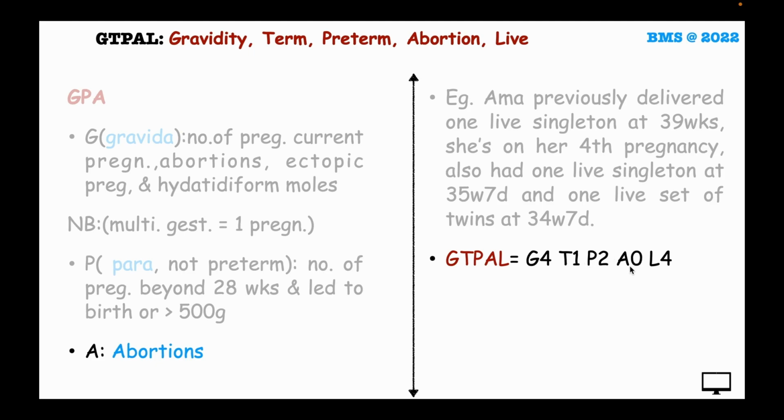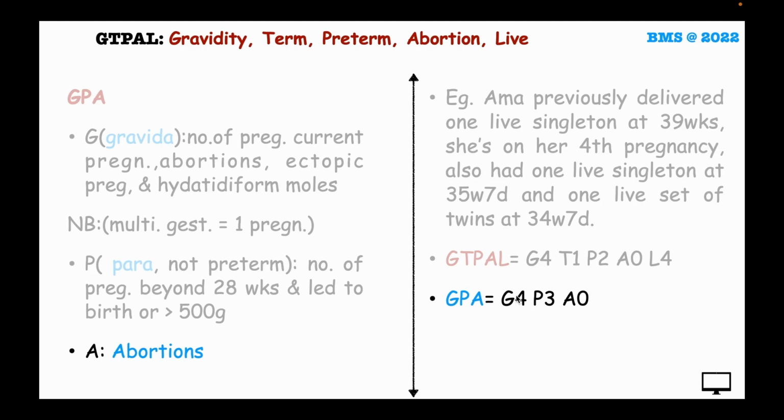She's never had any abortions, and the number of babies who were born live will be 4 because she's having one live term at 39 weeks, one live singleton at 35 weeks, and one set of twins, which are 2 babies. And so she's going to have 4 live deliveries. Now, the GPA is going to be gravida 4, para 3, and 0 abortions.